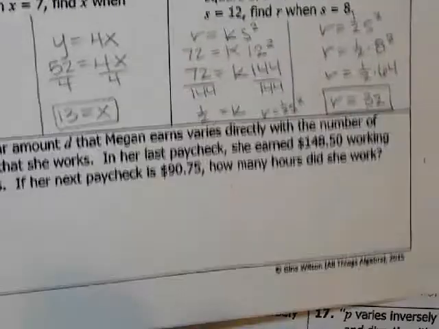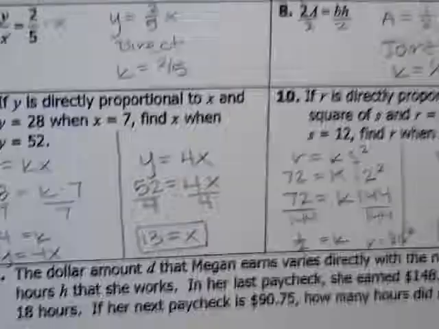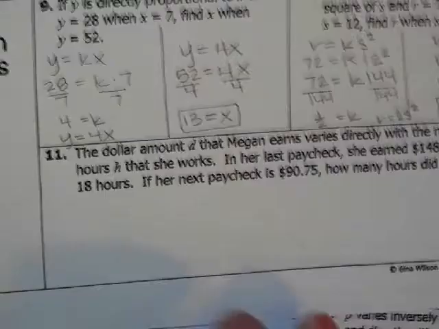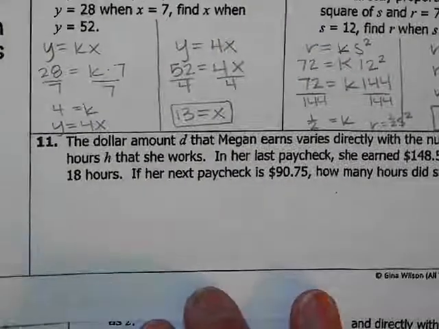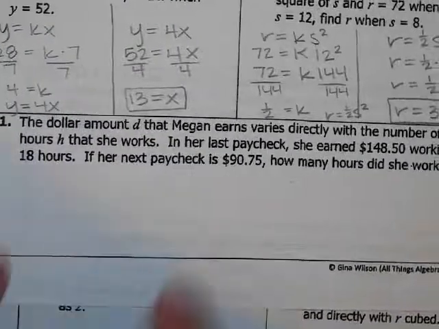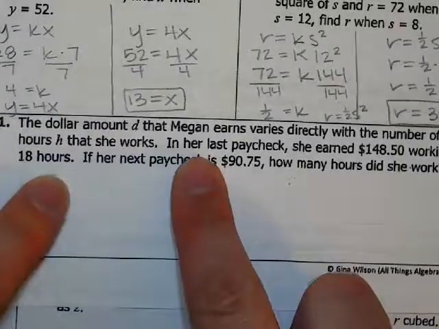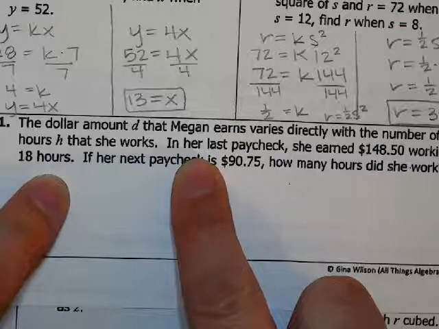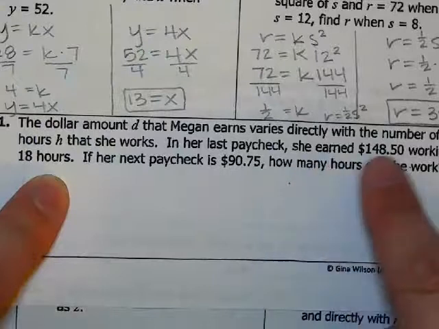So for this one, those of you with notebook paper, you're just going to write $148.50 for 18 hours, $90.75 for question mark hours. That's all you have to write for the next example.